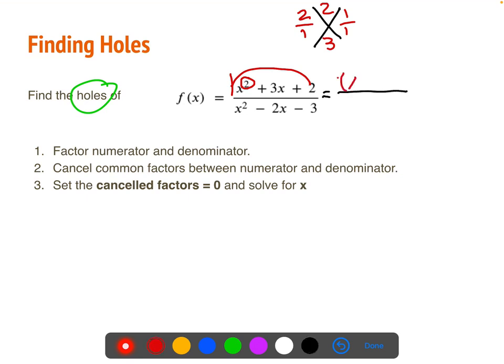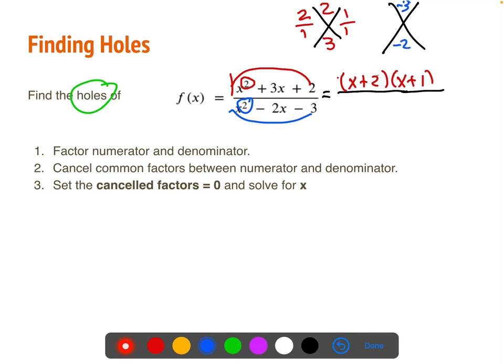So the top becomes x plus 2 times x plus 1, because I actually can factor the top. Oh, and I look at the bottom, I can factor it too.